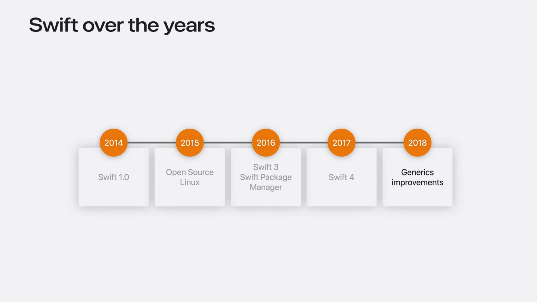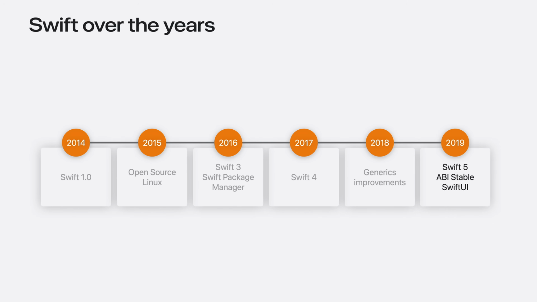2018 brought improvements to the generic system, like conditional conformances, that we take for granted in Swift today. This also set the stage for one of our most important releases. In Swift 5, we introduced the Stable API on Apple platforms. For app developers, this meant a smaller download size, because you no longer bundled a complete copy of the Swift standard library in your app.